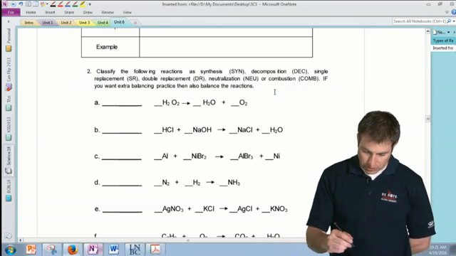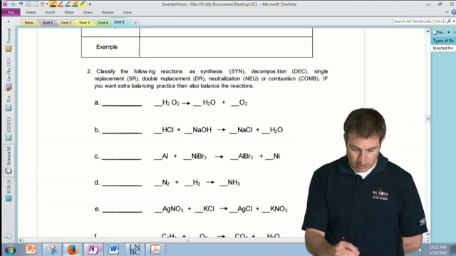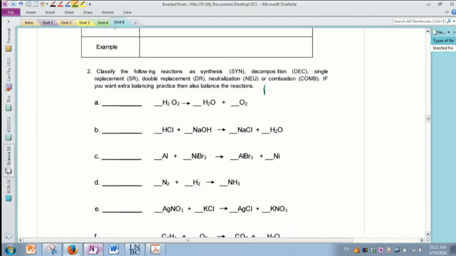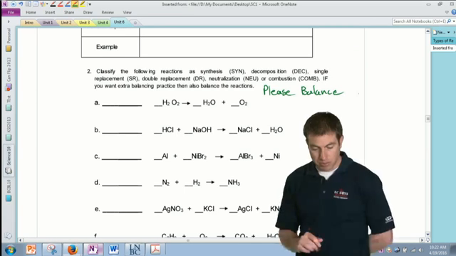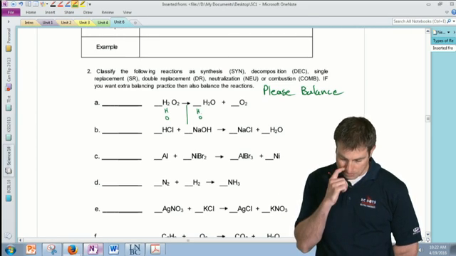So for number 2 on your learning guide, I'm not even going to guess as to what page it is after the kerfuffle we had last time. I want you guys to balance. And what that means is that you will have to do the work on a separate piece of paper, unless you can write really, really small and you can fit H and O in here and H and O and then balance.